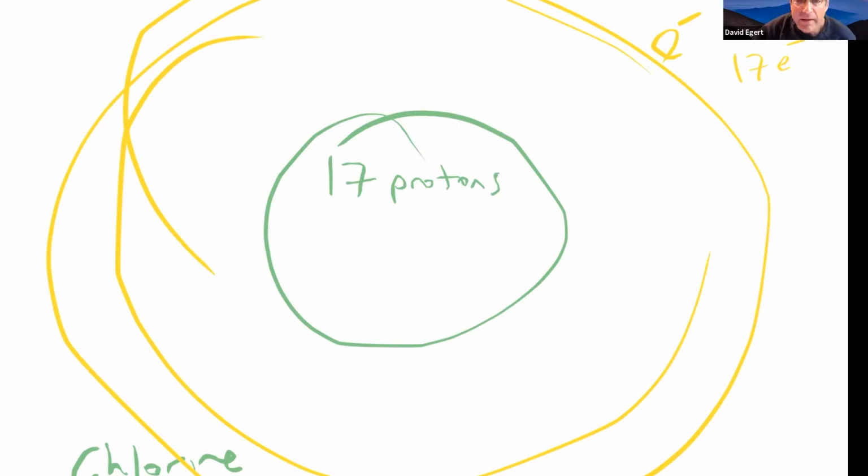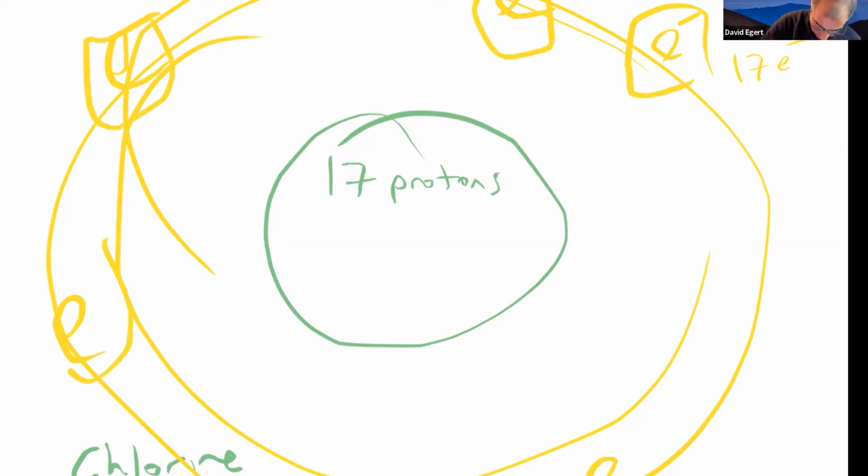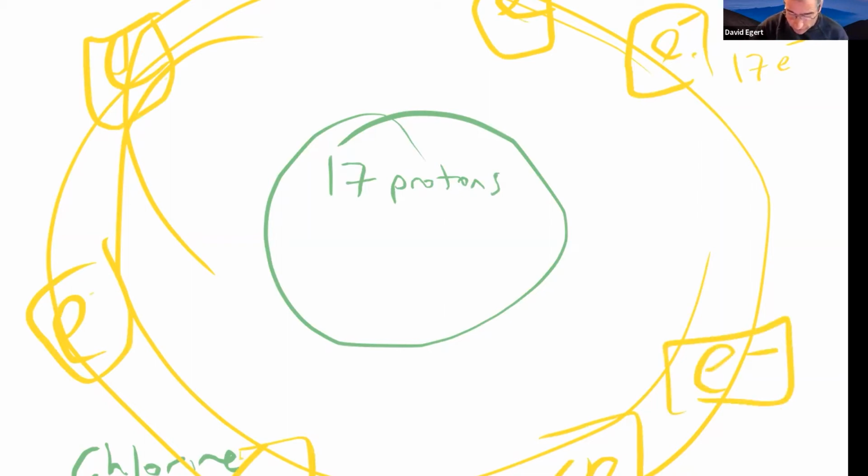And there's this octet rule where the valence shell, unless you're in your 1s or something, is going to be happiest, the most energetically favorable condition, if it has 8 electrons in it. So if I look at chlorine's valence shell, it's got 7 electrons.